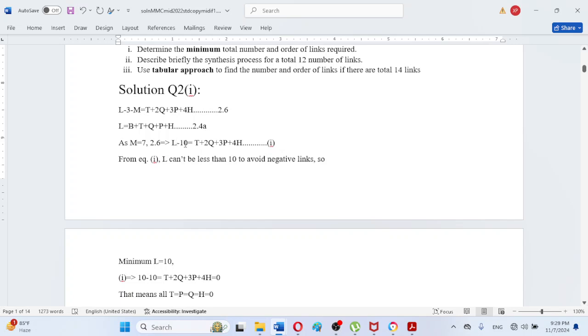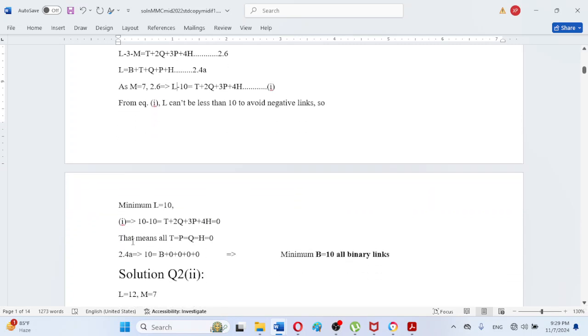Putting L equal to 10, we obtain 10 minus 10 is equal to 0. So that means T, Q, P and H are all 0. So a minimum of 10 links, and all binary links, will be there. The solution of this first part was quite simple and quite logical.